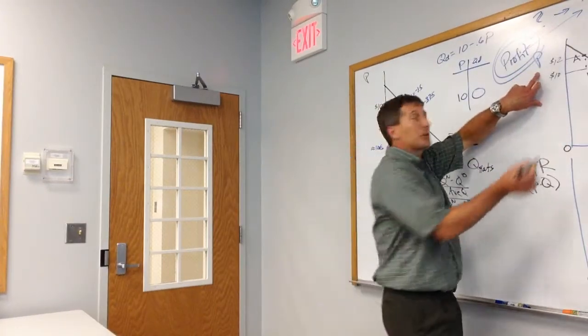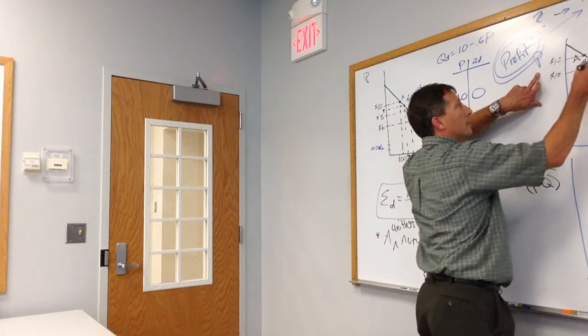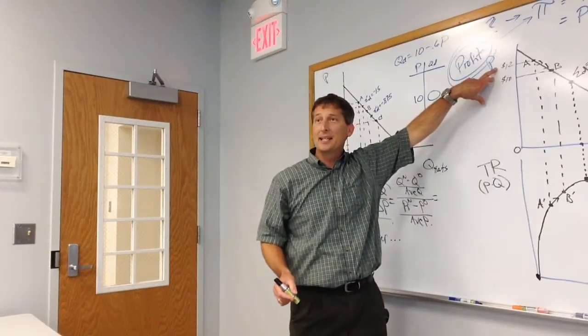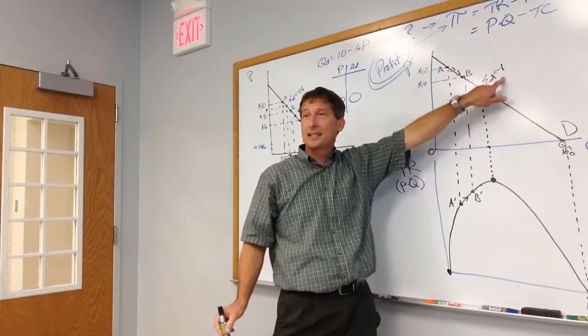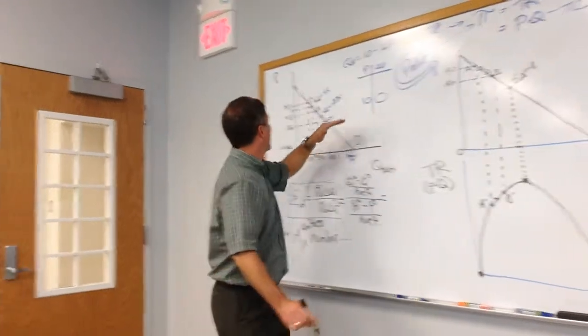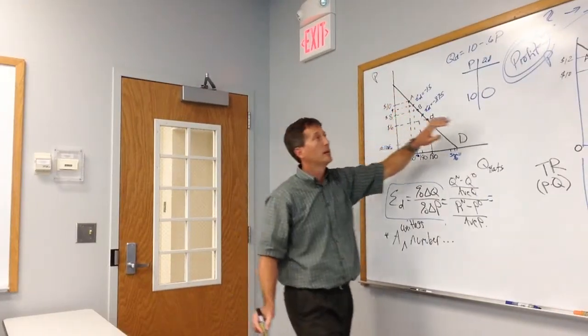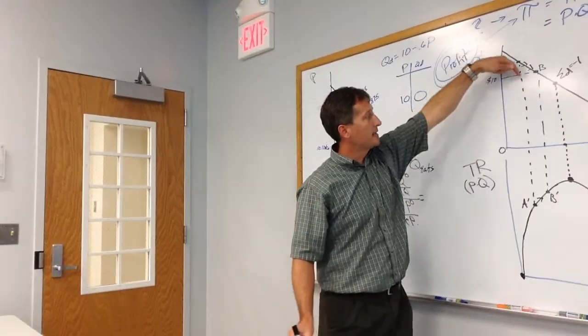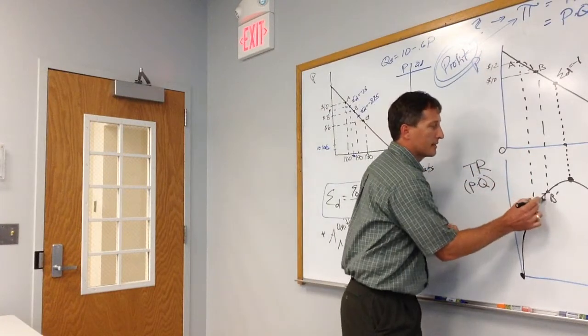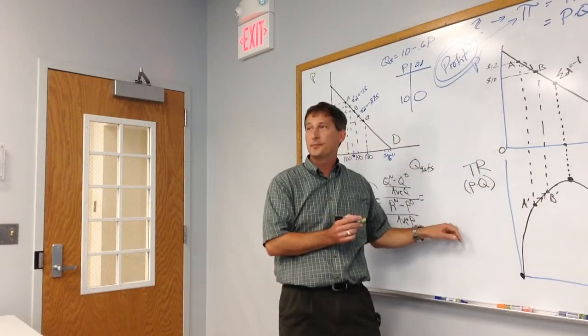And so a decrease in price when the elasticity of demand is greater than 1, like it was over here, that leads to an increase in money in the cash register.